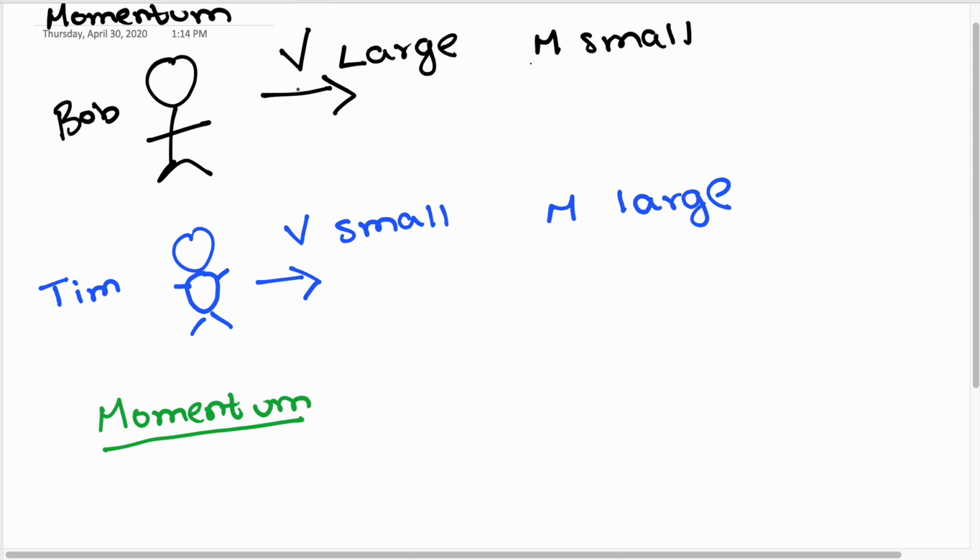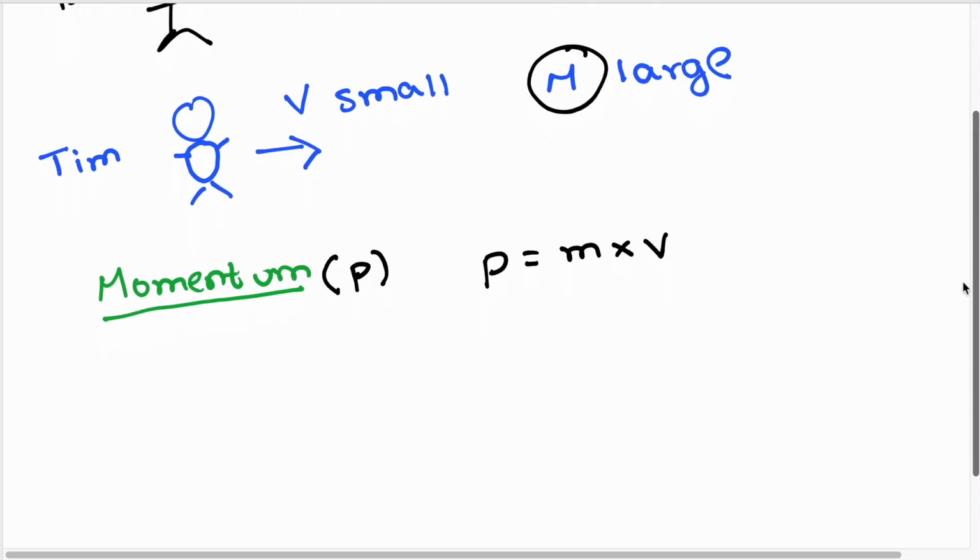If you have a greater velocity, it's more unpleasant to get hit by this person, and if you have a greater mass, it's likewise the same thing. The symbol for momentum is P. We don't use M because M is already for mass. So P is equal to mass times velocity. It's impacted by both the mass and the velocity.